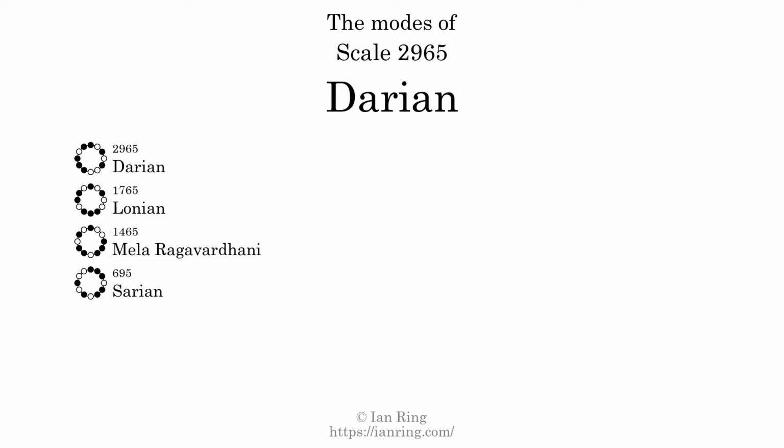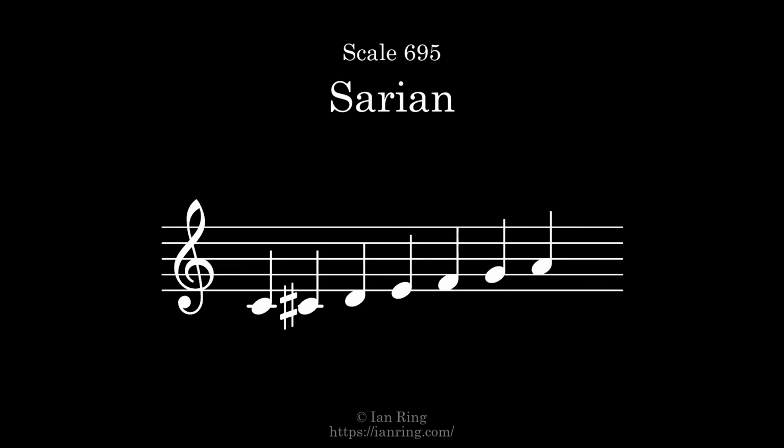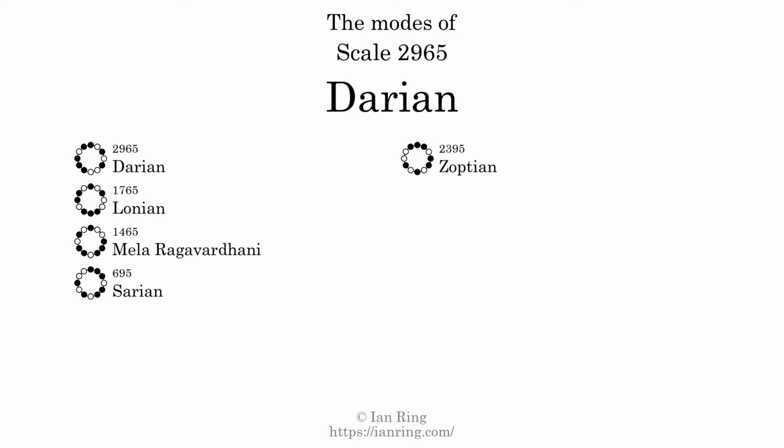The fourth mode is scale 695, also known as Dorian. It sounds like this. The fifth mode is scale 2395, also known as Mixolydian. It sounds like this.